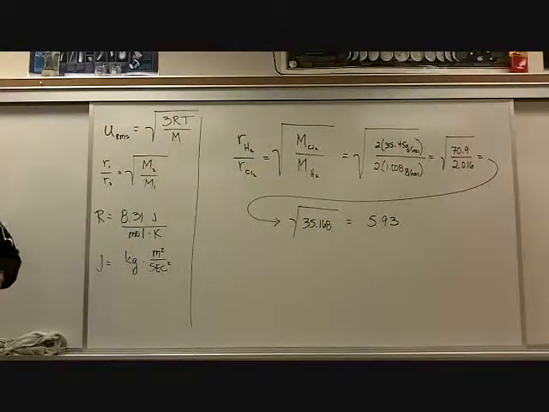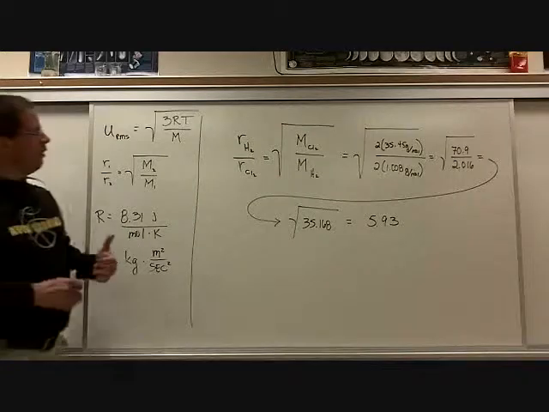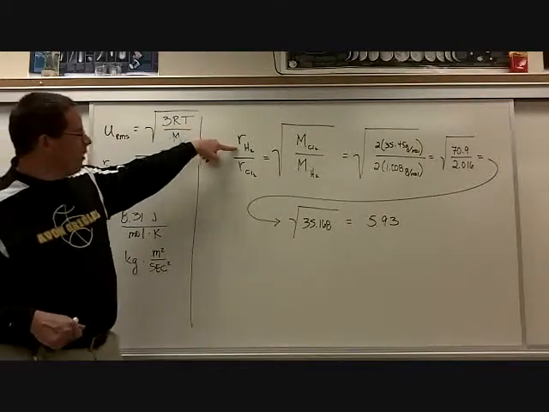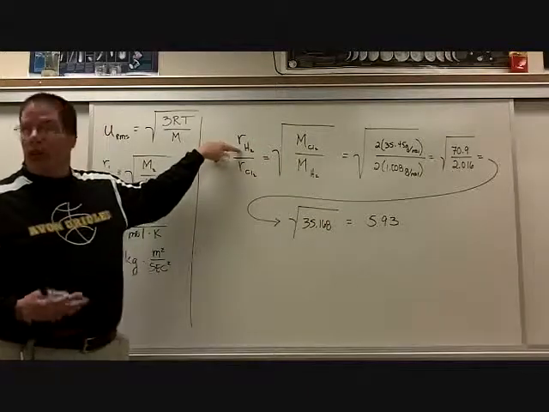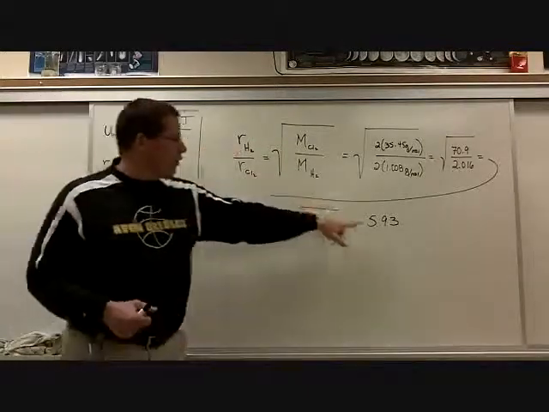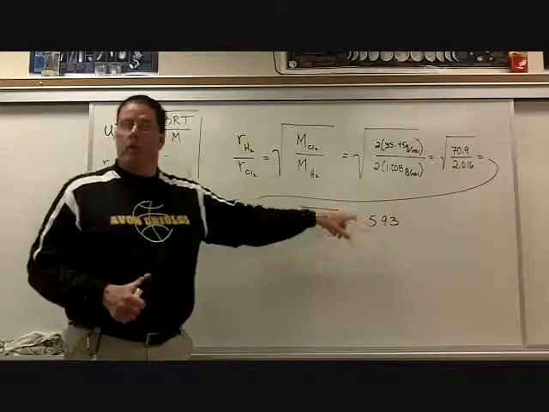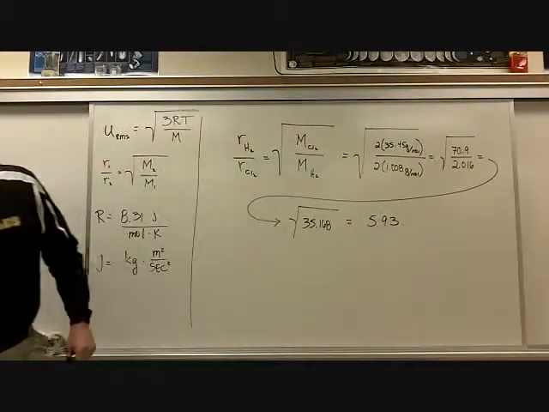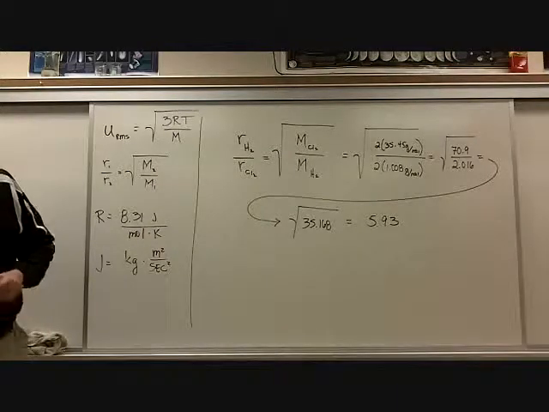And the reason why we want to have the lighter gas on top is because it makes more sense. Stating that hydrogen is lighter, therefore it should be faster, so it's 5.93 times faster. If you had these inverted, I would get the inverse of my answer.